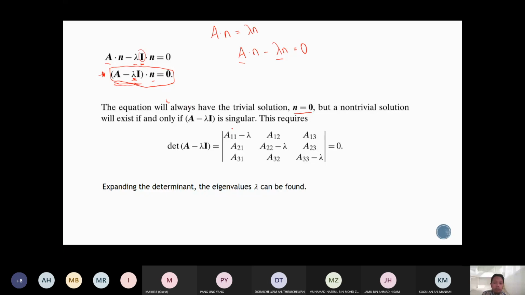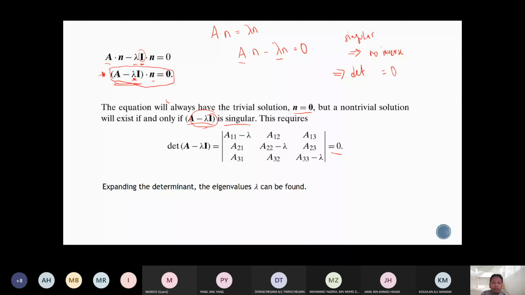To find the value of lambda, the only way is for the matrix A minus lambda I to be a singular matrix. As I said previously, a singular matrix is a matrix that has no inverse. When a matrix has no inverse, it means the determinant equals 0. So to find the value of lambda, we just find the determinant of this whole matrix and set it equal to 0.